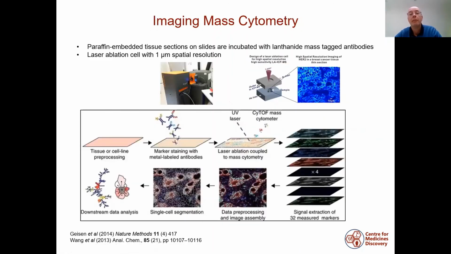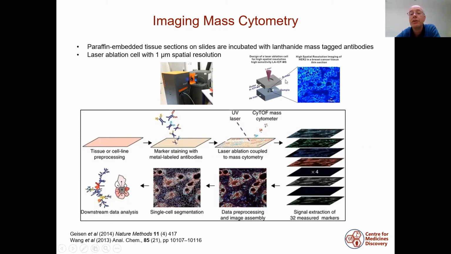So that is mass cytometry. A development from that is imaging mass cytometry. And so what you do here is you work with a paraffin embedded tissue. You incubate it with your mass tagged antibodies, these lanthanide labeled antibodies, and instead of them passing directly into the mass spectrometer, what happens is you have a laser ablation cell.